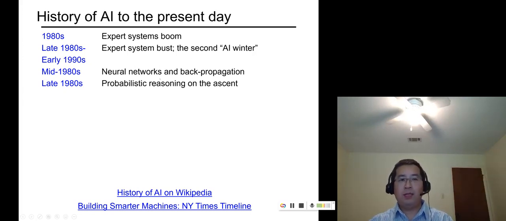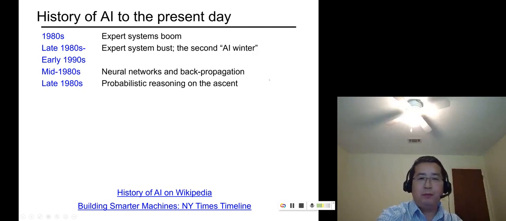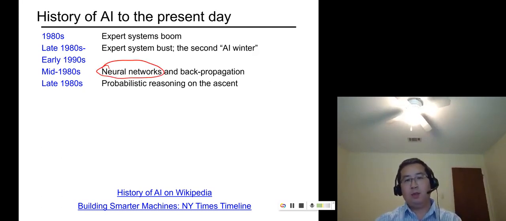Even though the expert system had a boom, people still had interest in neural networks, and people developed back propagation. Later we talk about Hopfield networks, and even deep neural networks already had the idea at that time. Just because people didn't have resources to train, good algorithms, or a large amount of data, the idea was already there.